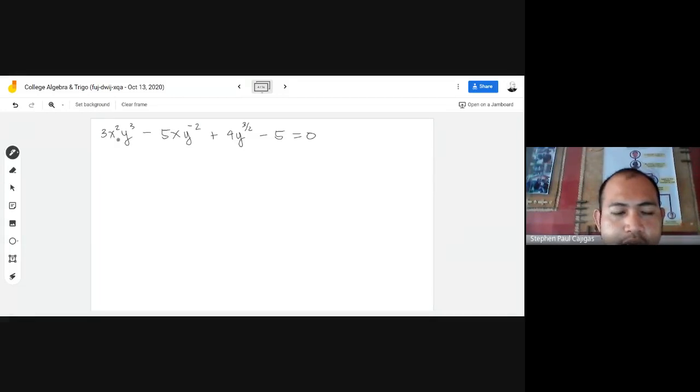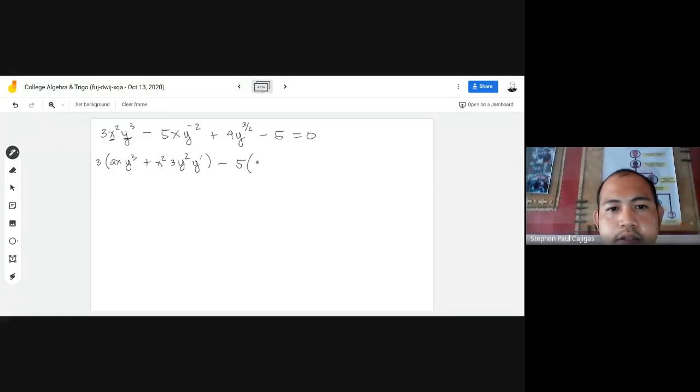So we will again be applying the product rule here. So that's 3 times derivative of x squared, so that's 2x, copy y cubed, plus copy x squared. Derivative of y cubed is 3y squared, multiply y prime, minus 5 times derivative of x is simply 1.